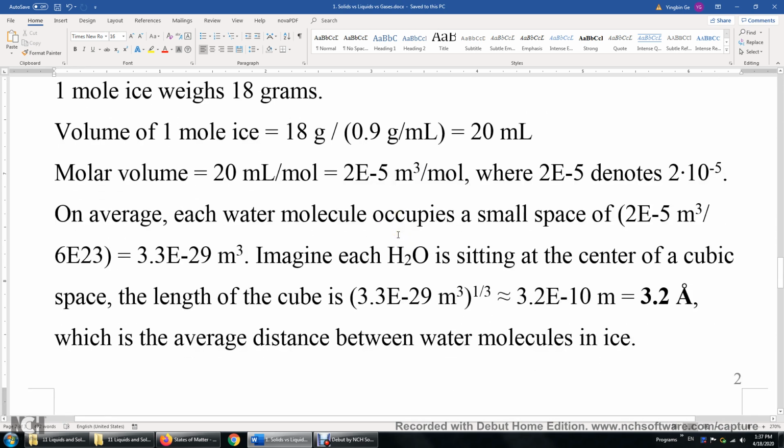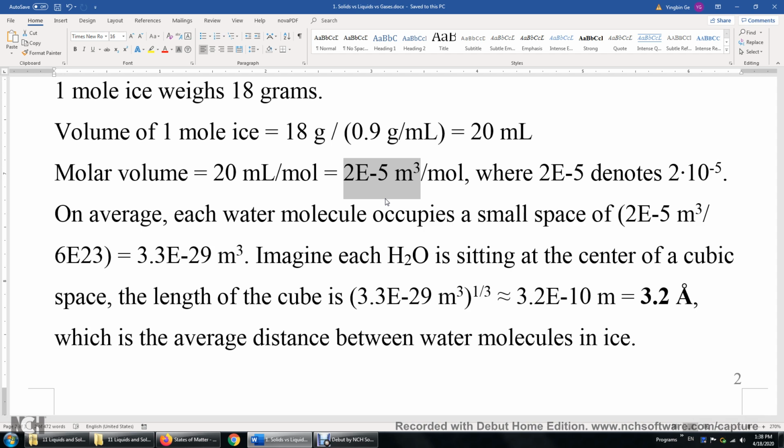On average, each water molecule occupies a very, very small space. This is because we need to have this volume for 1 mole water molecules divided by the number of water molecules.